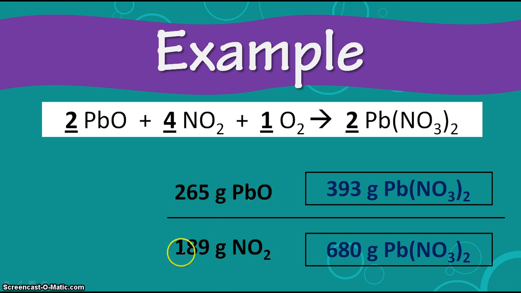That means there would still be enough nitrogen dioxide to continue producing almost twice the amount had the lead 2 oxide not run out. So given that this was our smaller amount, this is going to be the most we can make. And that's going to make lead 2 oxide our limiting reactant. So this is the basis of limiting and excess reactants and how you can use stoichiometric calculations to determine each.